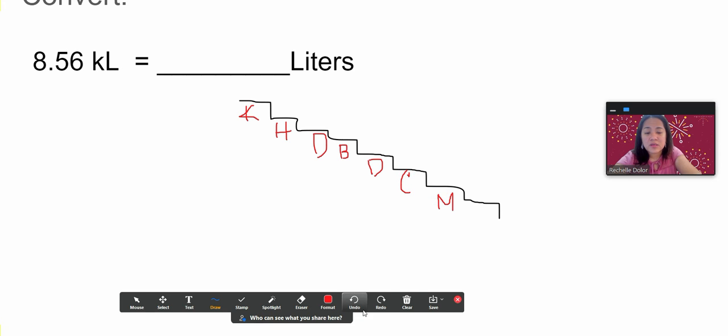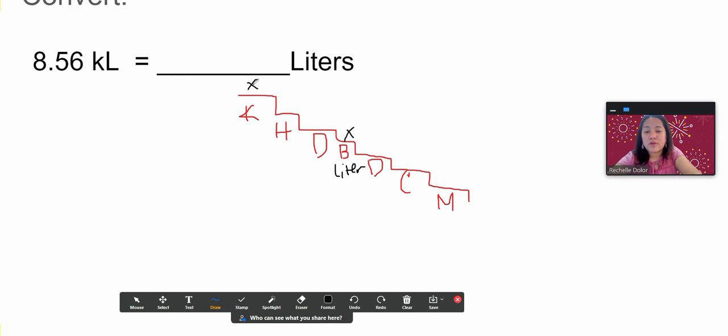So we need to erase a little bit of this one. Oops. Oh my goodness. Okay, I'll do it again. 1, 2, 3, 4, 5, 6, 7. Alright. So kiloliters is right here. Kilo. Then I need the basic, which is liter here, right? So the basic.